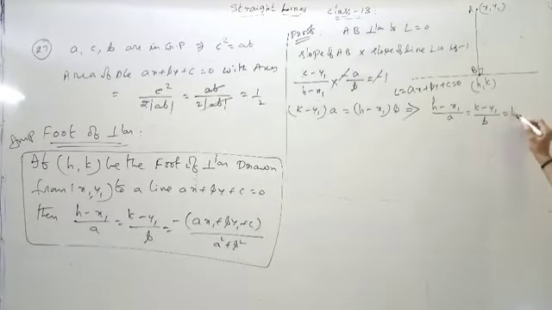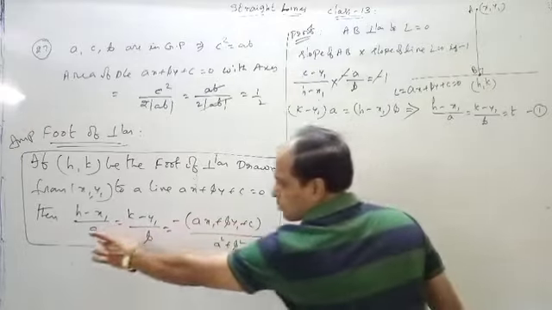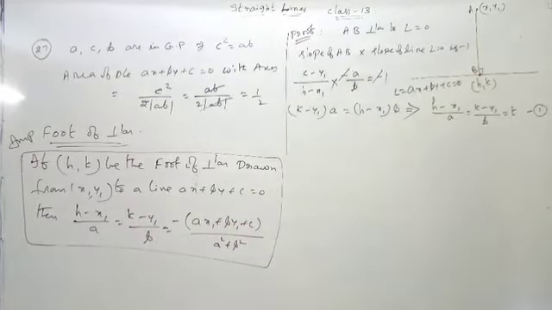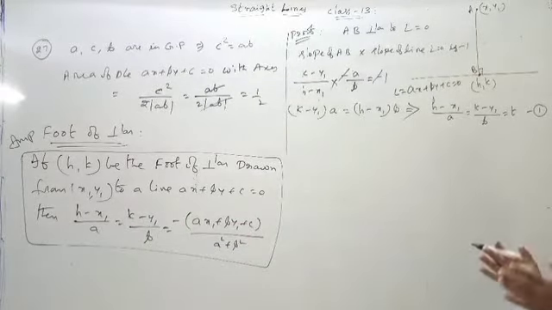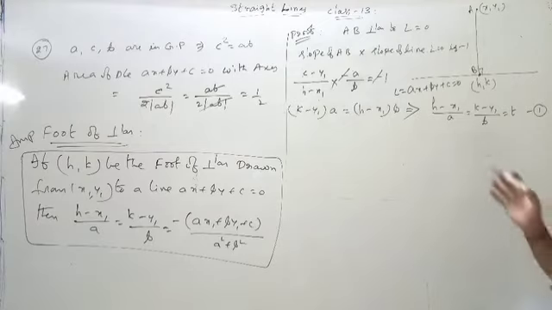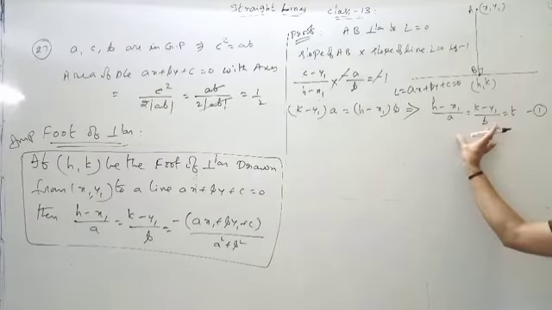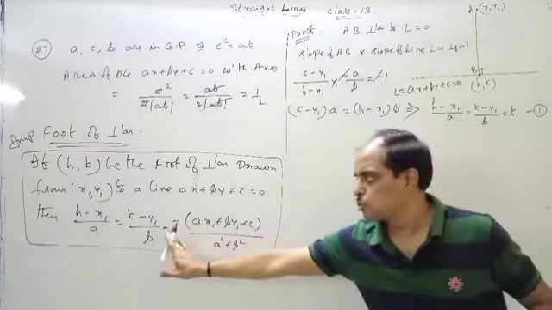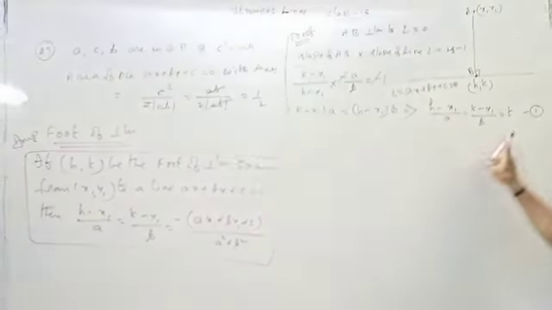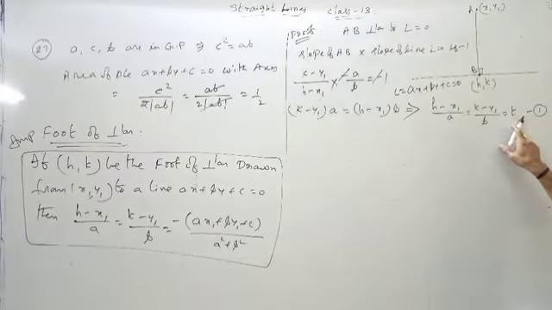Let it be some t, and I am assuming this as equation 1. So half of the theorem is completed successfully. Because the lines are perpendicular, the slopes' product is −1, and you get this equation. But you have to prove these two are equal to this one. How to prove? Let it be some t, or whatever letter you like.